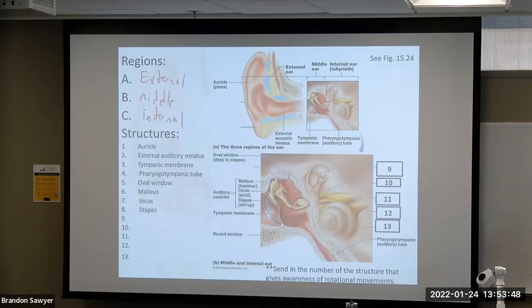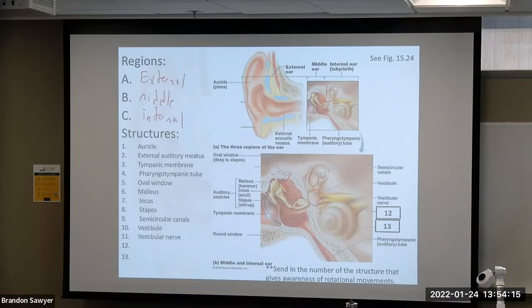Okay. And then we get to number 9, which is the one you chose for giving awareness of rotational movement. So that's the semicircular canals, right? And then we've got this little bulbous structure right here, just on the other side of the oval window. That's called the vestibule. And then we've got the nerve that's already been split into 2 there. So what would 11 be? Which part of that nerve? Yeah, the vestibular nerve.